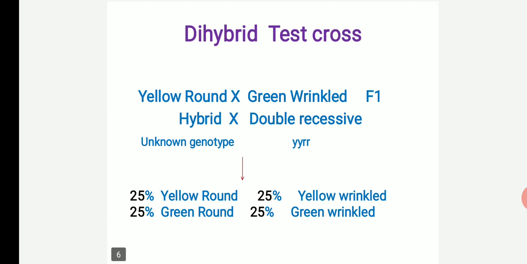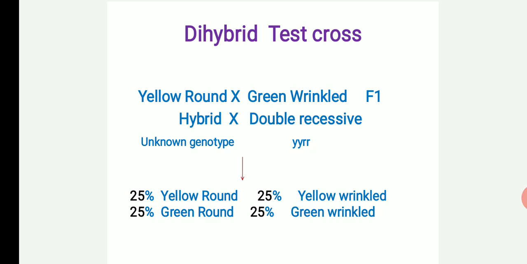Then we can go through the dihybrid test cross. In the dihybrid test cross, we can select the same example as in the dihybrid cross, that is yellow round, which is crossed with green wrinkled. The yellow round is the F1 hybrid and green wrinkled is the double recessive parent.